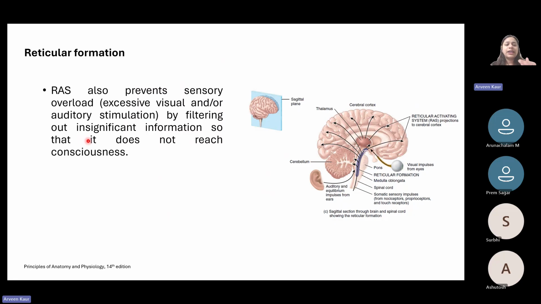So, how does your brain know that you only have to make sense of what this person is speaking, who is talking directly to you, and not get misguided by other information that is coming in, right? So, how does your brain know that? It is because a lot of the signal that is not crucial gets filtered out, right? And RAS is important for that.